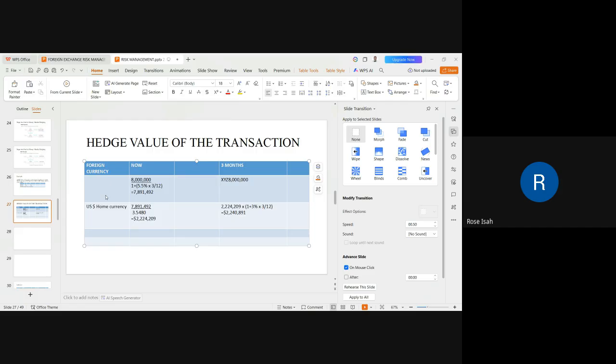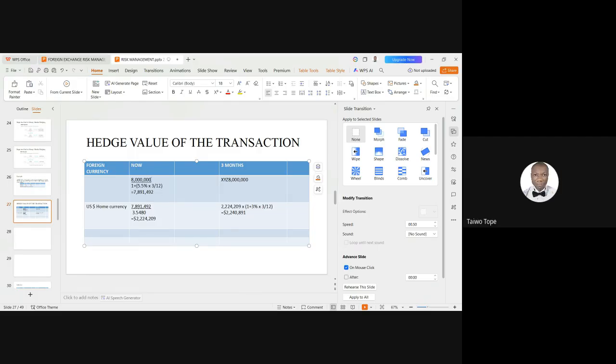I have 1.01375. So just write that value somewhere. Then use that value to divide 8 million. 8 million divided by 1.01375. Okay, sir. Thank you, sir.